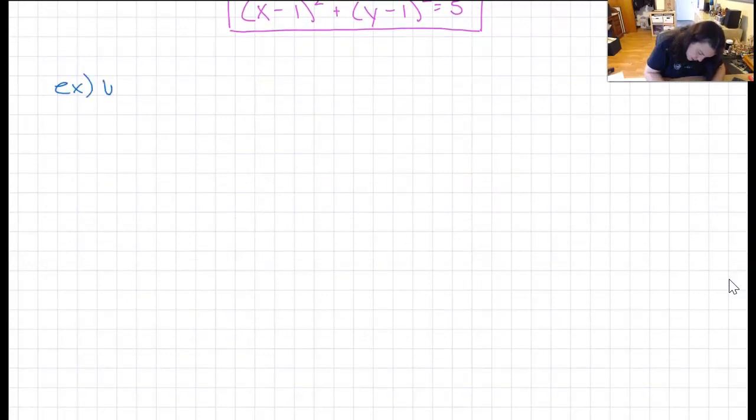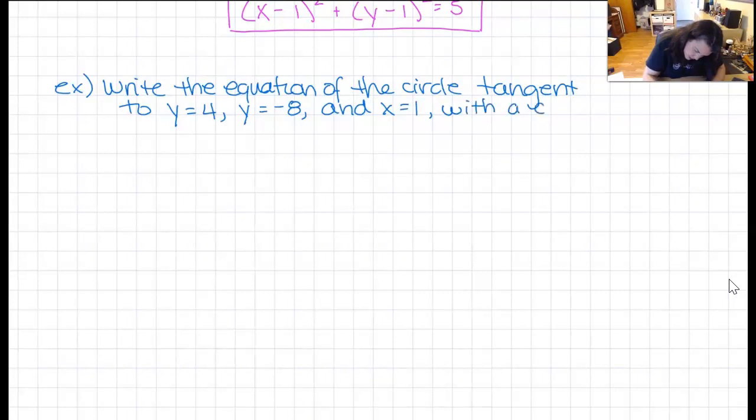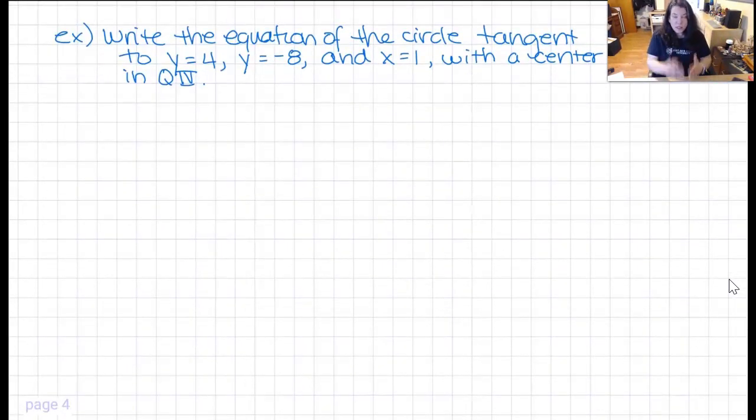What if we want to write the equation of the circle tangent to y equals 4, y equals negative 8, and x equals 1, with a center in quadrant 4. Well, again, it's all about the center and the radius. If we can find the center and the radius, we can write the equation of the circle.